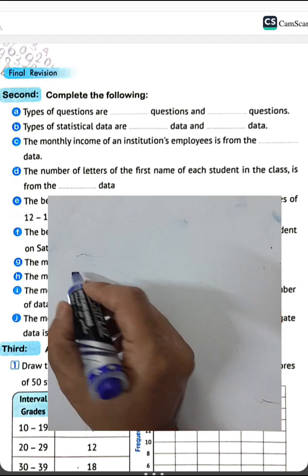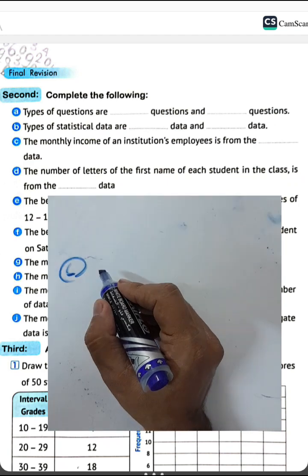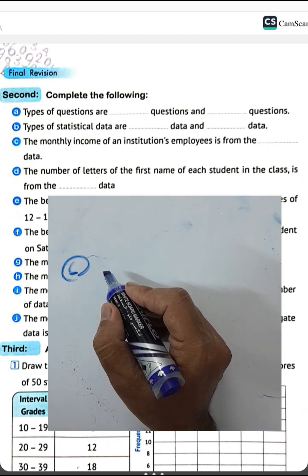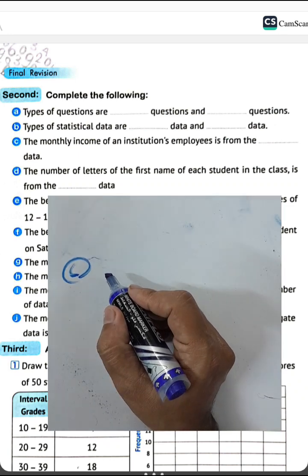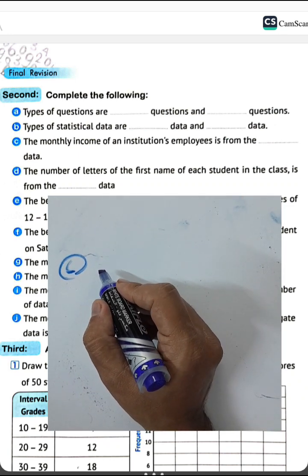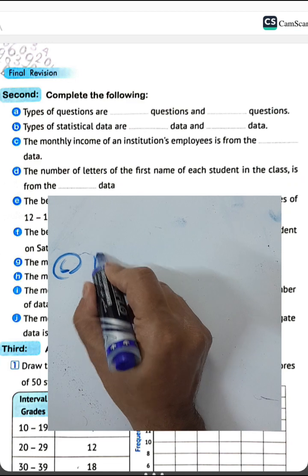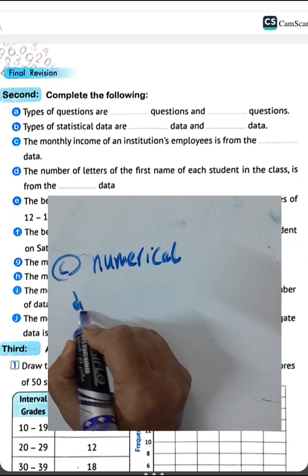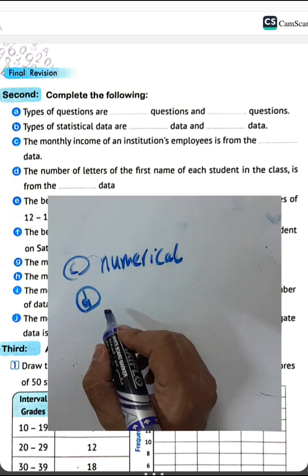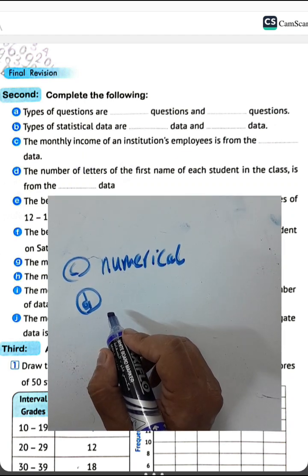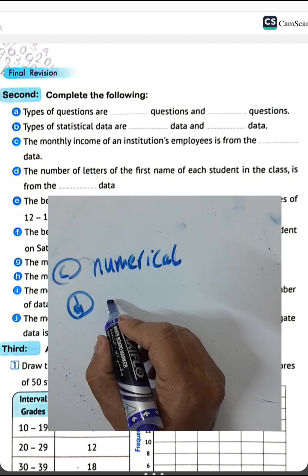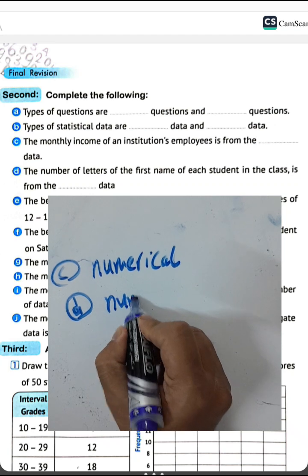Letter C, write numerical in this space, because the monthly income consists of numbers. Letter D, the number of letters of the first name of each student in the class is what data? It will be numerical. He tells us the number of letters. The number of letters will be numerical data.